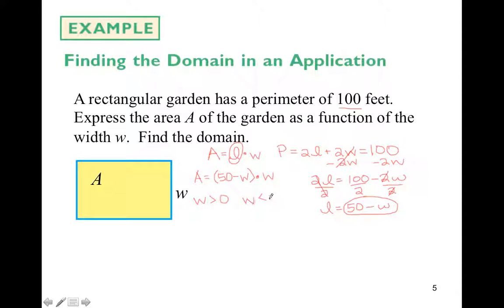So I need my W also to be less than 50. Okay, so a couple ways to write the domain. You could say 0 is less than W, which is less than 50. Or in other words, W is between 0 and 50, not including 0 and also not including 50. And so anything greater than 0 or less than 50.